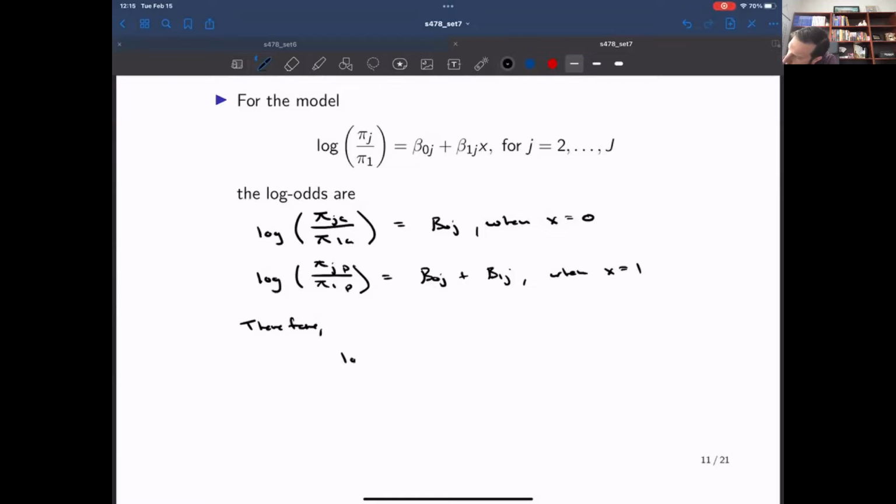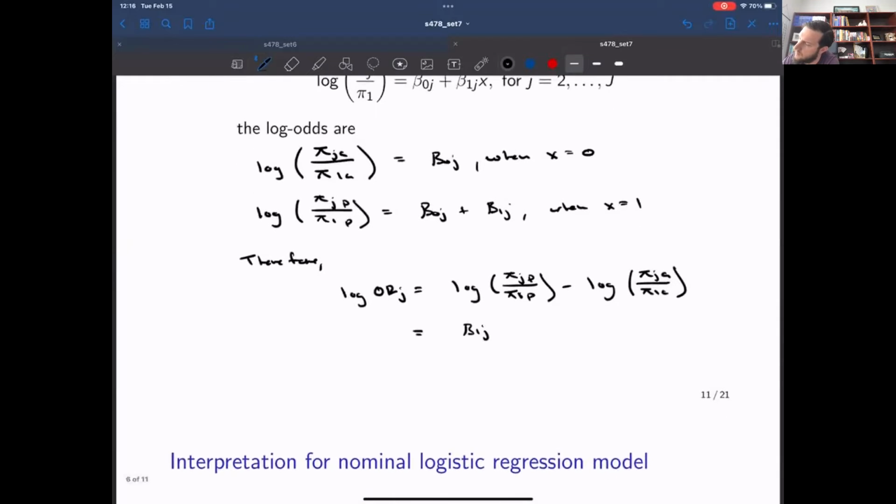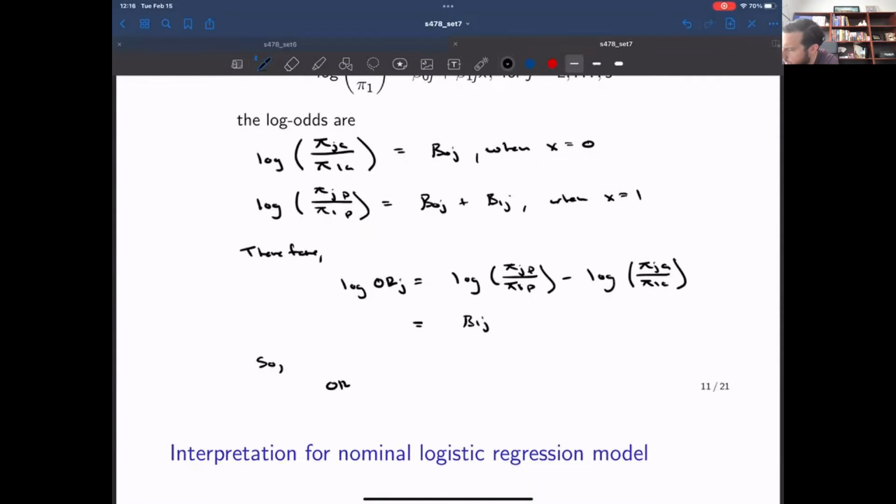Therefore, the log of the odds ratio for the jth category is equal to the log of pi jp over pi 1p minus the log of pi ja over pi 1a, which is equal to beta 1 j.